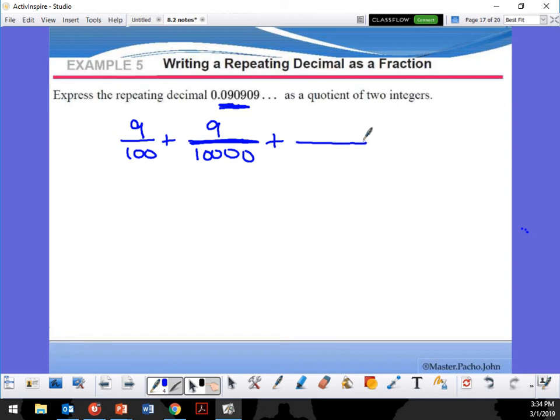So it's going to be 9 over 1 million. 6 decimals, right? Because I start off with 2 zeros. The next one's going to be 4 zeros, and then after 4 zeros is 6 zeros.